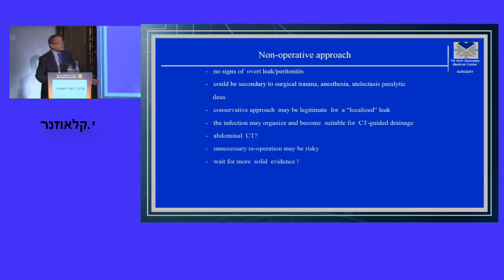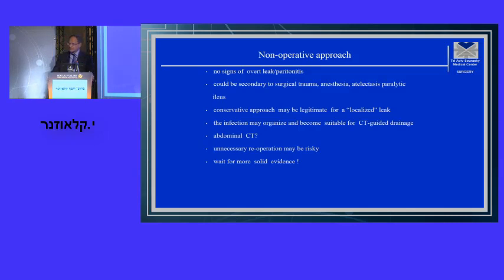Non-operative approach: there are no signs of overt leak or peritonitis. The signs could be secondary to surgical trauma, anesthesia, atelectasis, paralytic ileus, very easily. Even if it leaks, a conservative approach may be legitimate for a localized leak. The infection may be organized and become suitable for CT-guided drainage. Should we do abdominal CT?